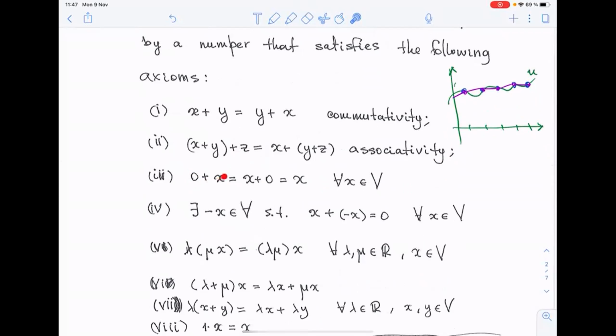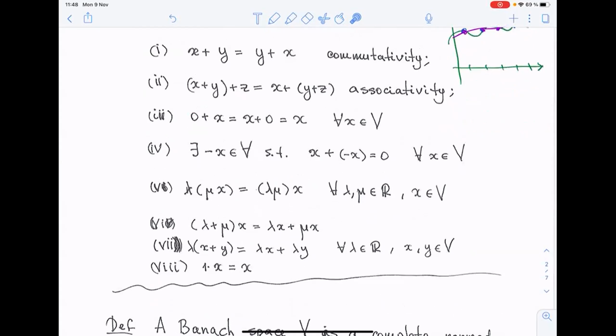That means that when you add 0 to any element in that function space, you get X. It doesn't change your vector. And axiom 4 is about the existence of a negative element. That says that for every tool in this box, there is a negative tool such that when you add them, the result is 0.